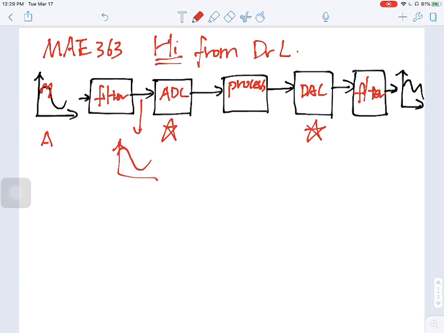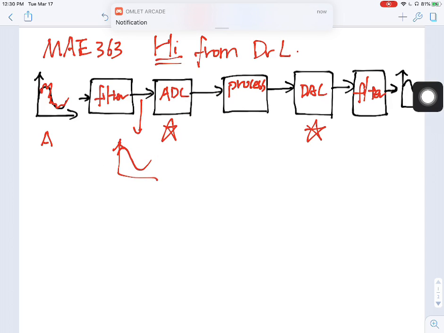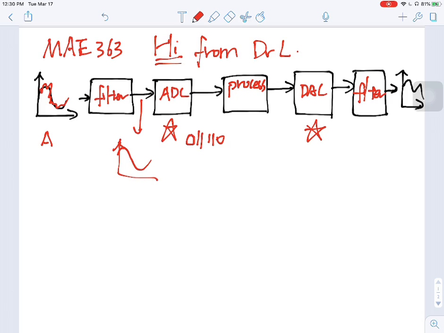But beforehand, there are signals with noise like that. And then the analog signal goes through an ADC. What is ADC? Analog digital converter. That will convert this continuous analog signal into a finite number of binary numbers actually. So it will give you a sequence of binary numbers after the ADC.